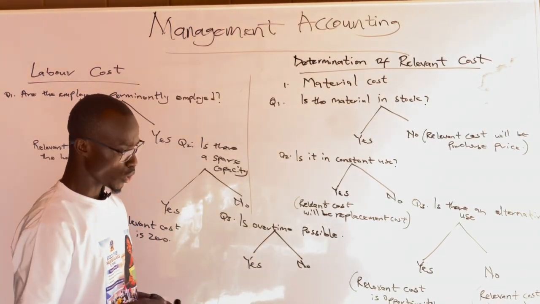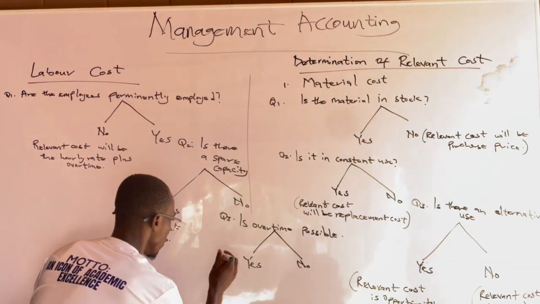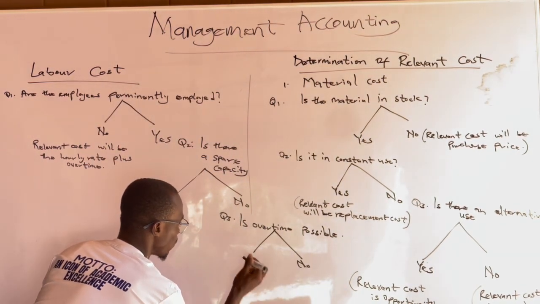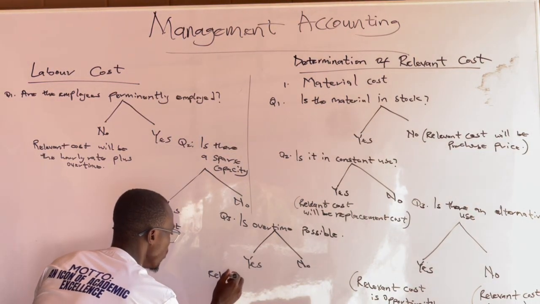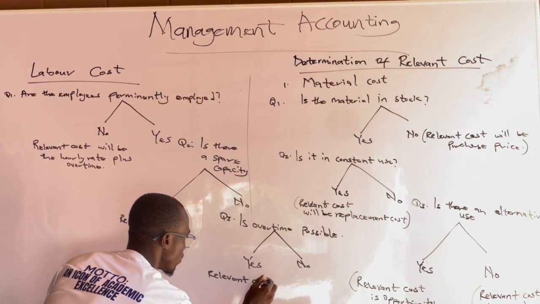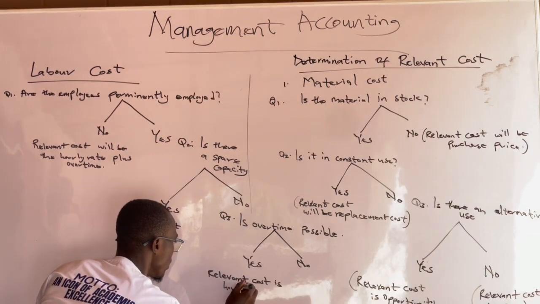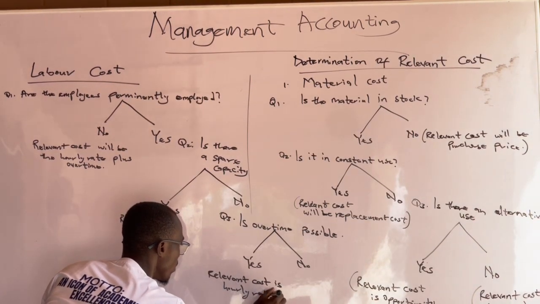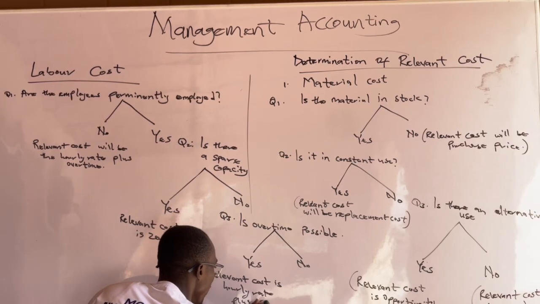So the relevant cost will be the hourly rate plus the overtime premium.